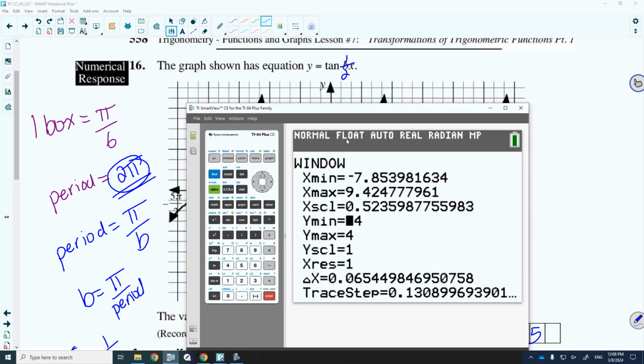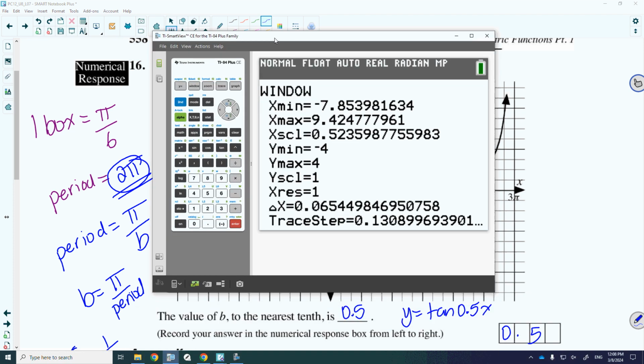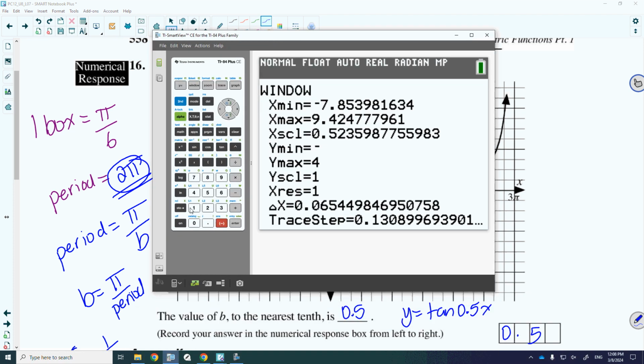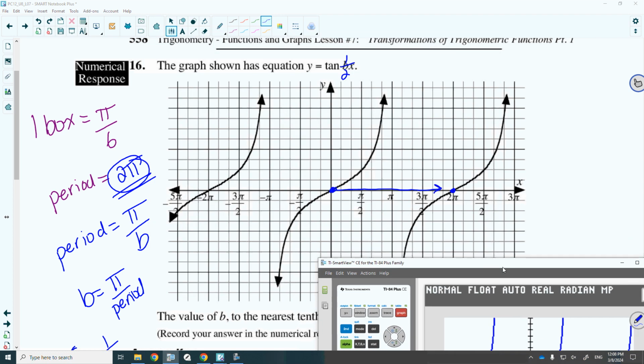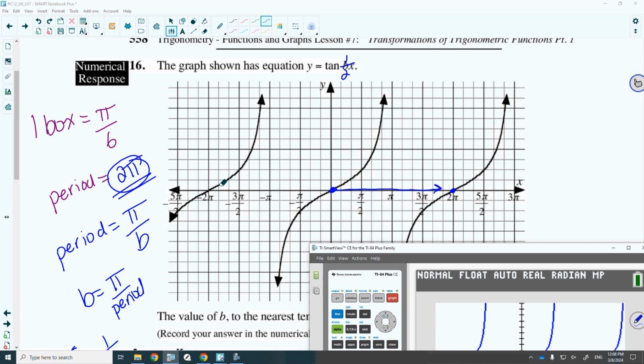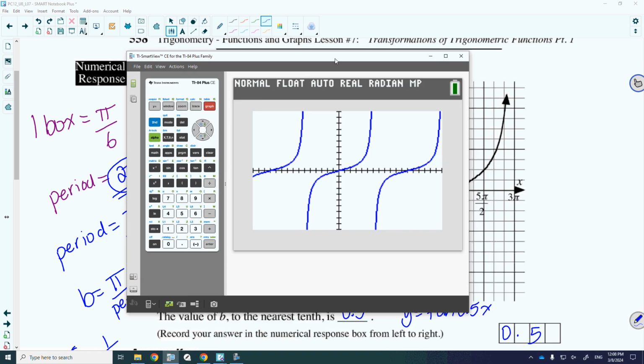And then my y's, it doesn't tell me, but I'll go from -10 to 10. And then just see if it looks like this guy. Three periods it's showing. And so is this. And that's pretty much the lesson.